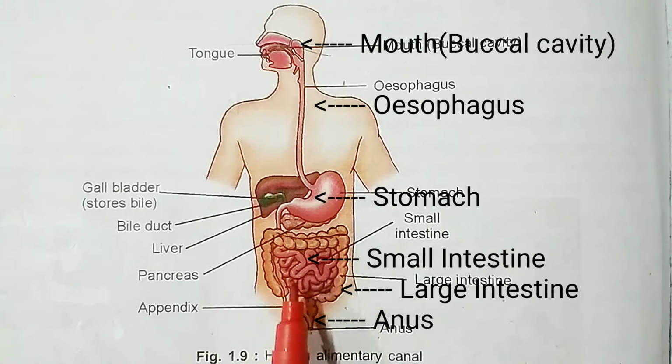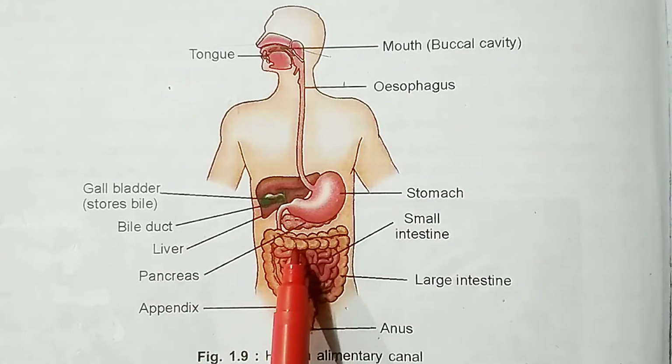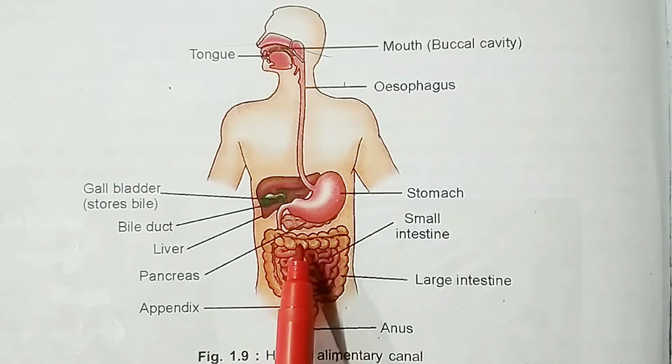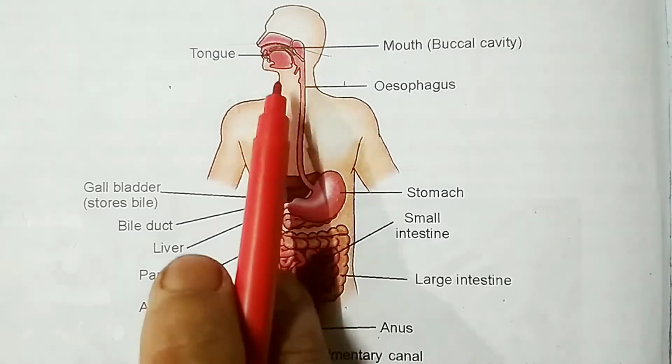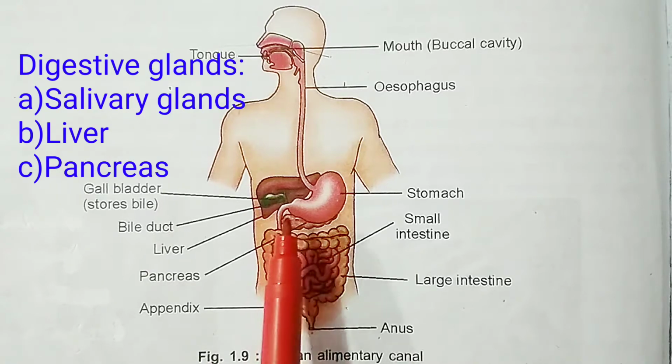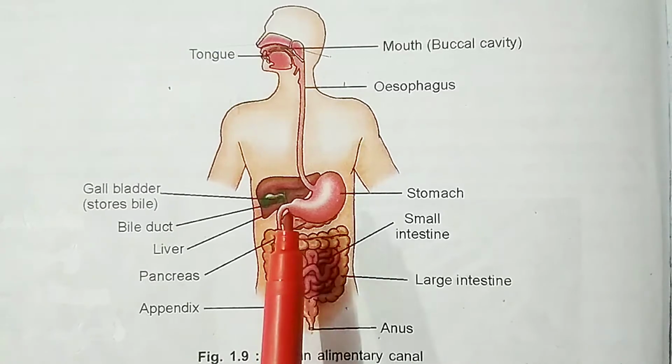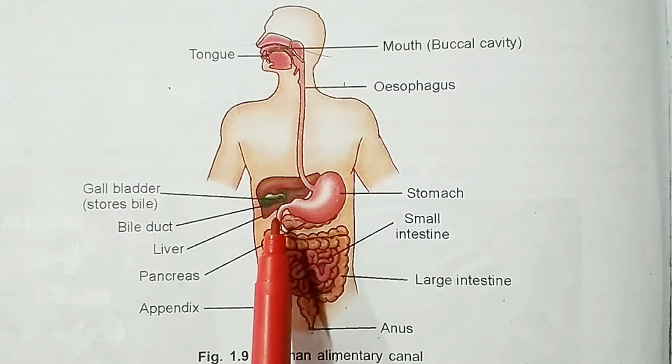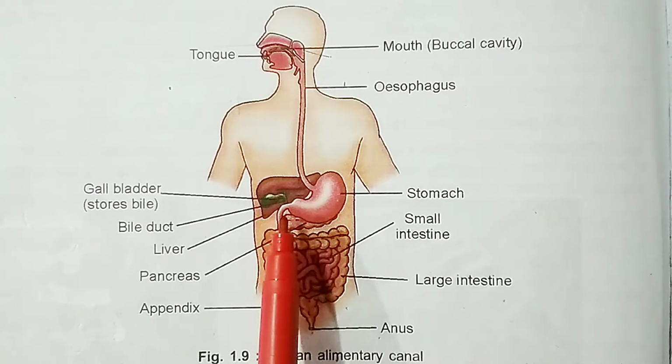So these are the main parts of our digestive tract. Different parts of the alimentary canal are specialized to carry out the process of digestion and absorption. Already I told you, salivary gland, liver and pancreas, these are the associated glands. They also help in the process of digestion, and these glands mainly supply enzymes to break down food.